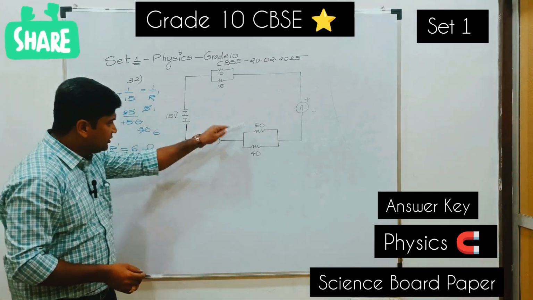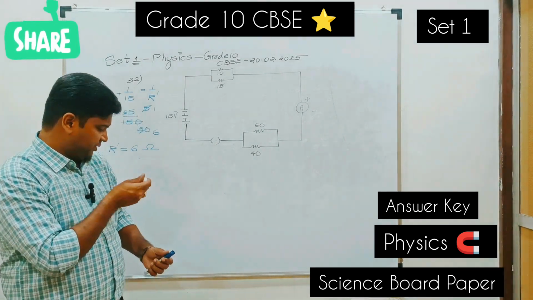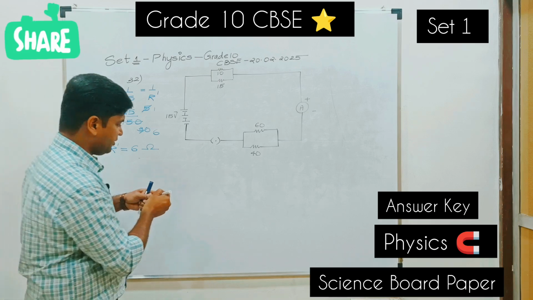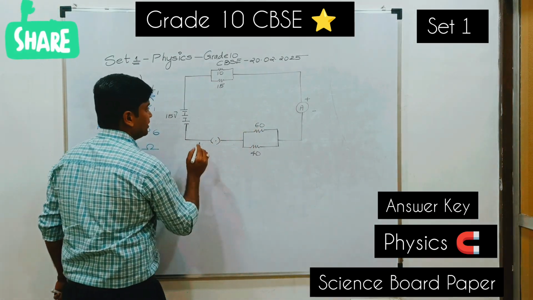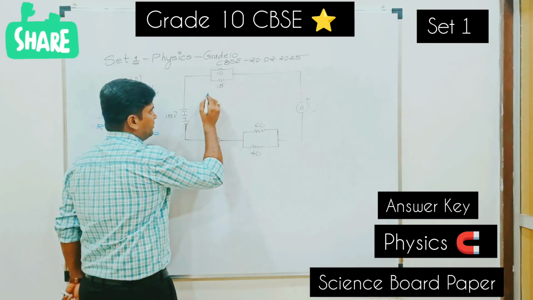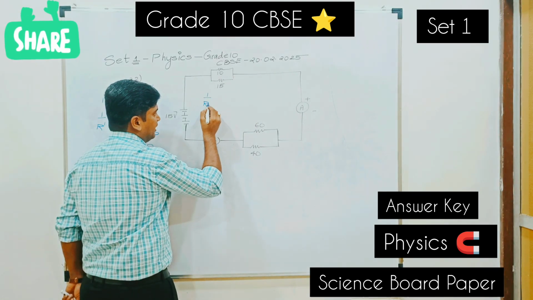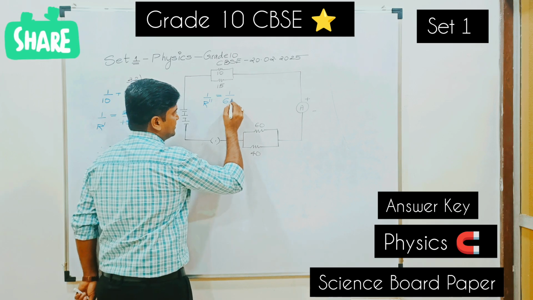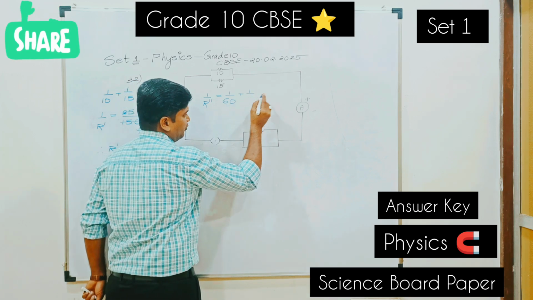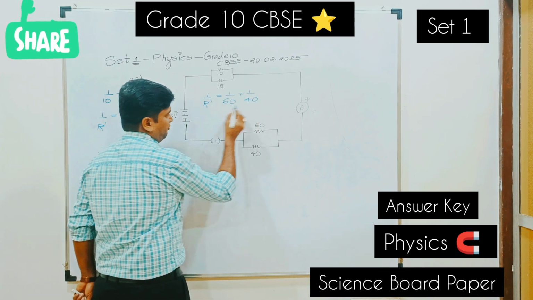Fine. Now for these two, I'll find out the effective resistance. So it would be 1 upon R double dash. This would be 1 by 60 plus 1 by 40.